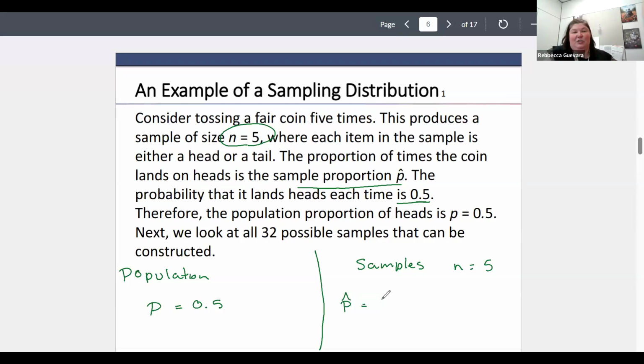Meaning that we could have 0 coins come up heads, so that'd be 0%. 1 out of 5 could be heads, or 2 out of 5, or 3 out of 5, or 4 out of 5, or all of them, so 1 would be the proportion. Like we did when we were talking about the sampling distribution of means, we were comparing to the population of all our data, and we would get a different value there than we would get here. Because here we're doing a bunch of little samples, and those little samples are going to be all over the place.